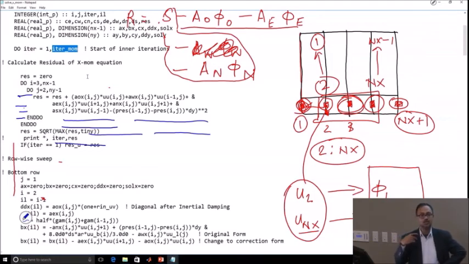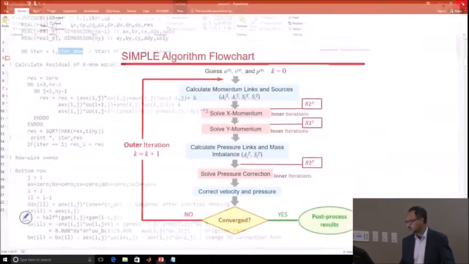This is basically 2 sweeps of row plus column. That's what I'm doing. Essentially 4 sweeps. Okay? That's what we're doing here. So that's the X momentum solver. Any questions on that? So Y momentum solver will be very similar. I'm not going to go over that. Same idea. Okay, nothing changes.